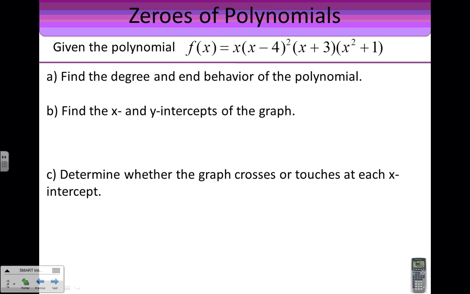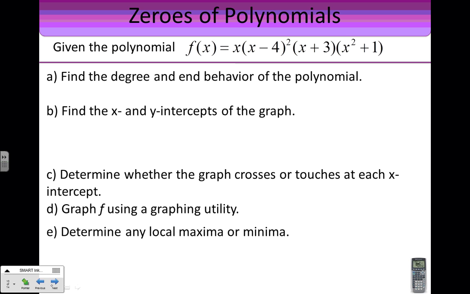Determine whether the graph crosses or touches at each x-intercept. And we'll graph it using a graphing utility to figure out if there's any local max or local min. Then, using all of that information, we can graph it.